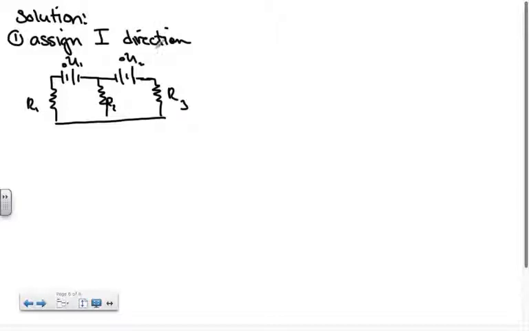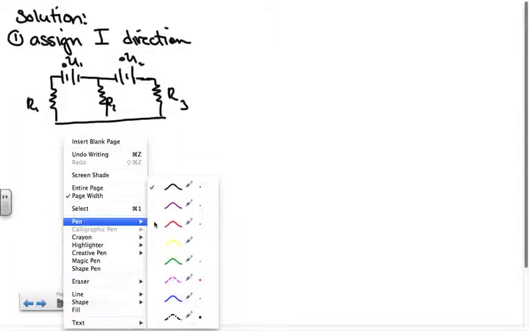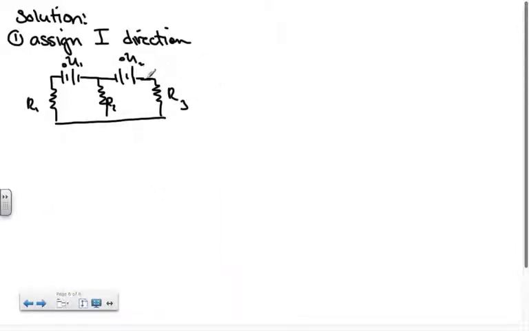Since I'm going to start with the source of higher potential difference, the higher battery, that will dictate what I do. It dictates the fact that I'm going to direct the current to go this way. I'm going to dictate this, for the sake of simplicity, to be I3. The reason I'm going to call it I3 instead of I1 is because I find it's easier to match the current to the resistor, even though you're not always going to have this luxury.